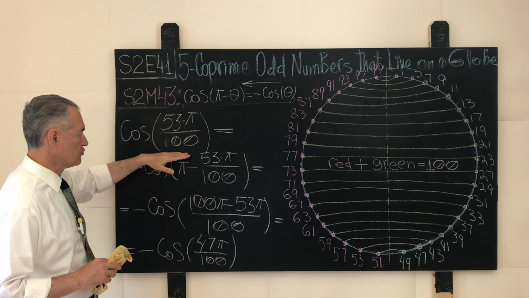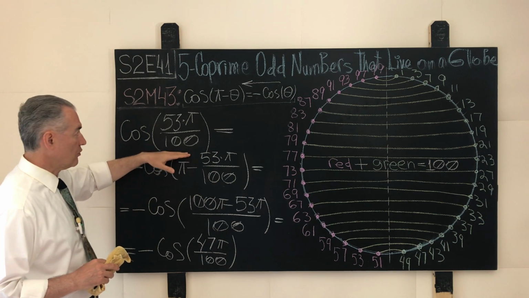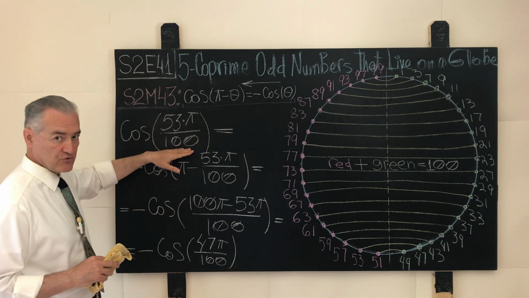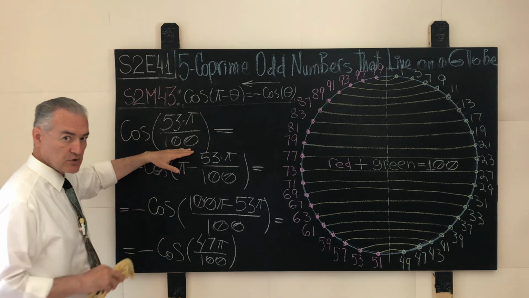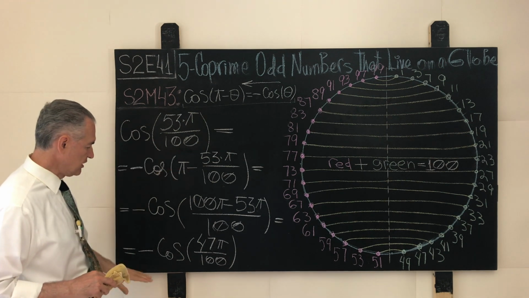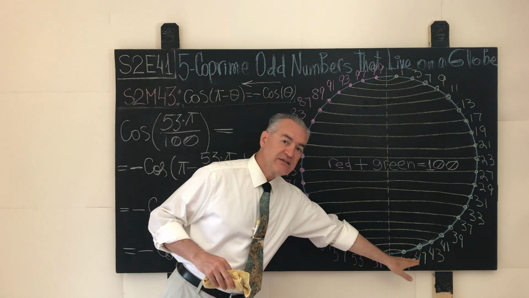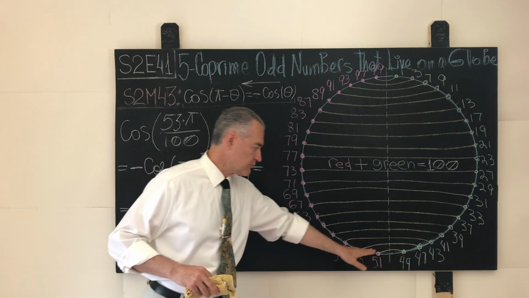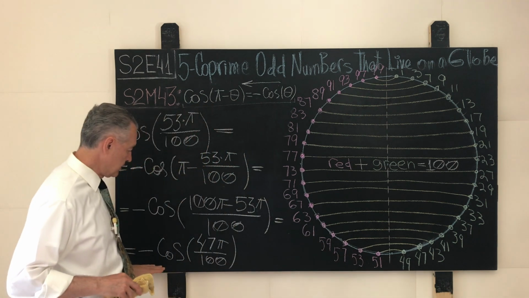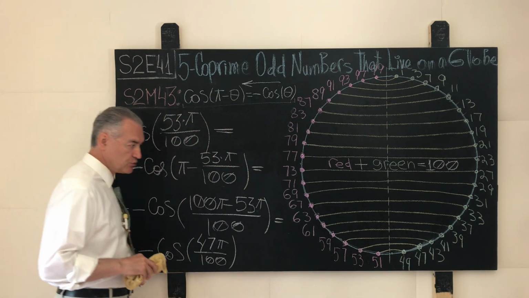In other words, we just proved that the cosine of 53 times pi over 100, which is one factor in our original product, is equal to the cosine of the green number that lives on the same parallel scaled by -1. And what do we do next?